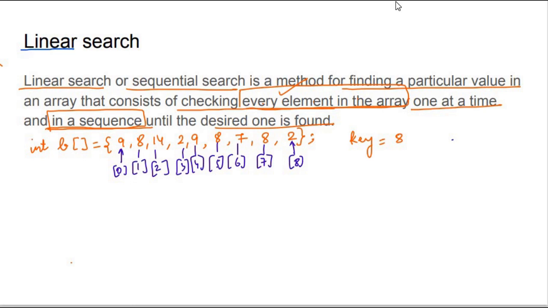Alright, I am looking for the value 8, meaning my key is 8. The compiler will start checking from B0. B is the name of the array and B0 refers to 9. So is 9 equal to key?